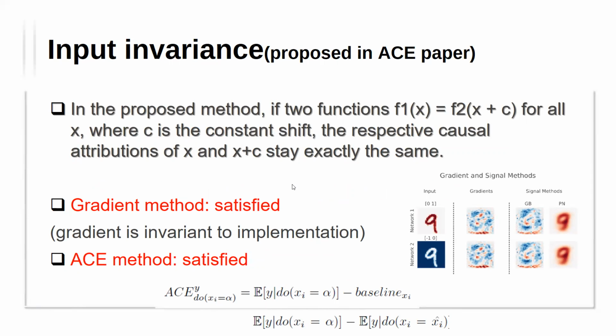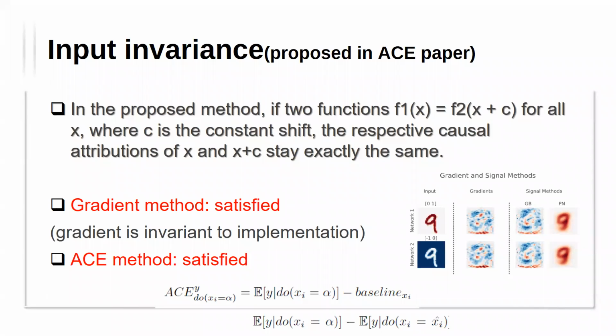And then the last axiom is called input invariance. This is the axiom proposed by the average causal effect paper. It means if two functions f1 and f2 satisfy, for all inputs x, f1(x) always equals f2(x) plus c, then the attribution for input x in function f1 should equal the attribution for input x plus c in the f2 network.